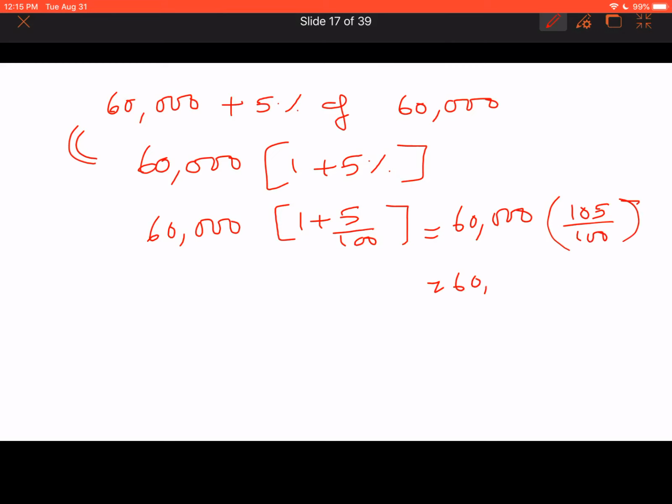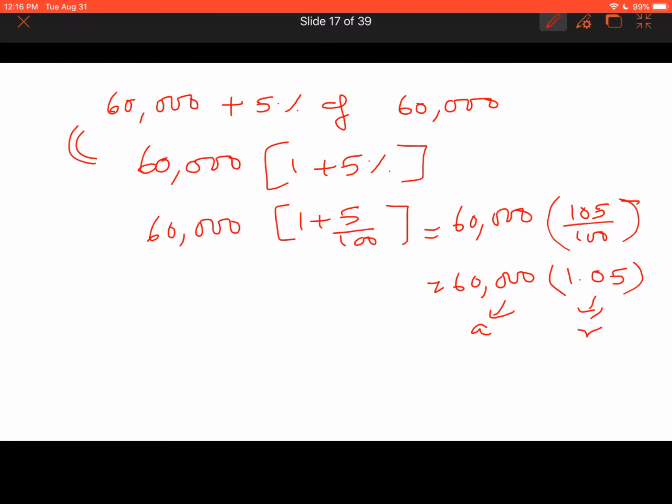Which can be rewritten as 1.05. Okay, so this 60,000 plus 5% of 60,000 can be rewritten as 60,000 times 1.05. So now this is the value of A and this is going to be the value of R.